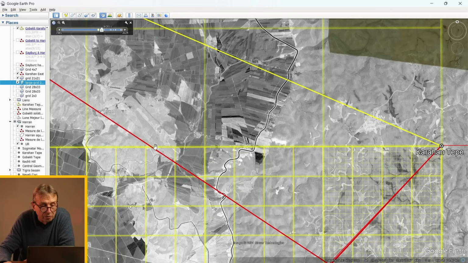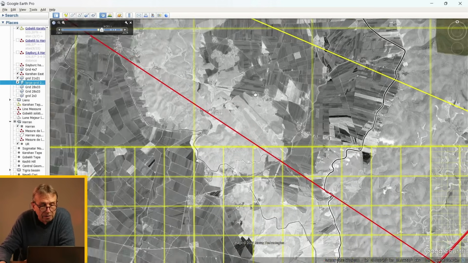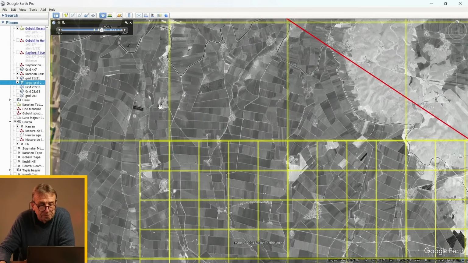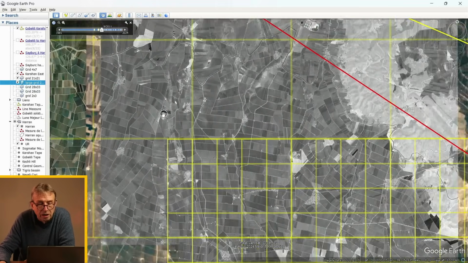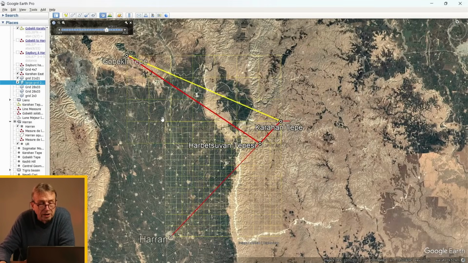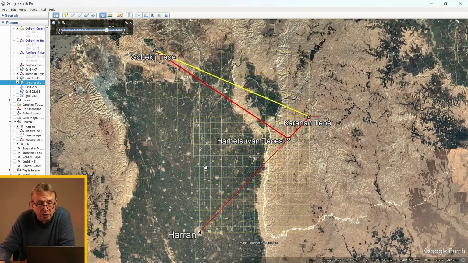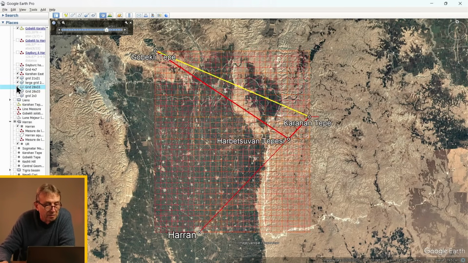You see, it's absolutely perfect. Okay? And so I realized that I could then, of course, draw a grid of the same size over the whole area between Göbekli Tepe, Karahan Tepe and Harran. So I did that, and here it is.